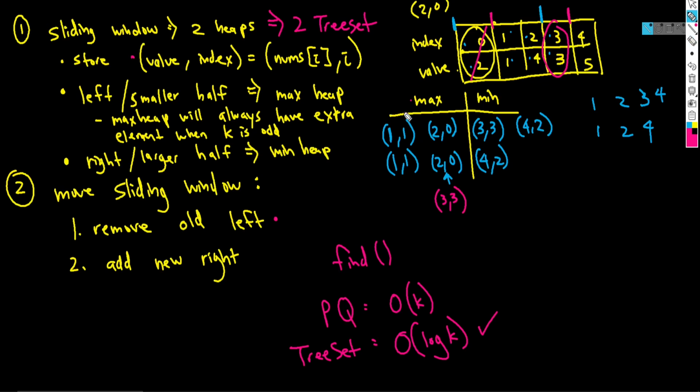In the case where the sliding window, which is this entire thing, has an even number of elements, you can see here that the number of elements in our max heap equals the number of elements in our min heap. And in the case where the sliding window has an odd number of elements, then the max heap has more elements than the min heap.